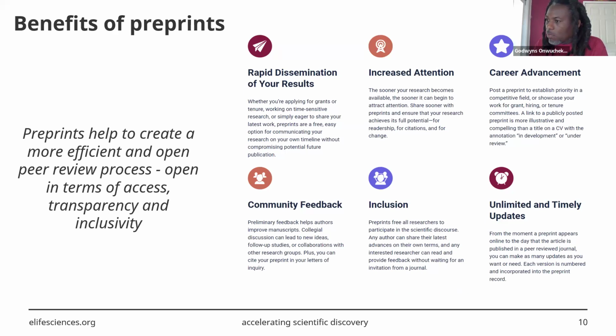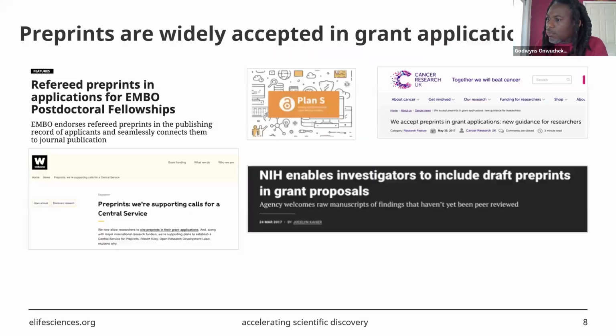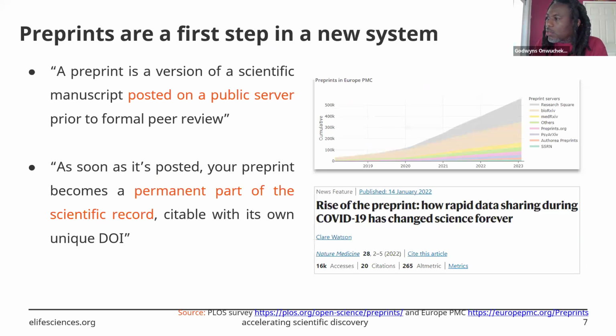I will go back to this slide and show you this graph, which I think comes from Europe PMC. It shows the rise of preprints. You can see in 2019 how few preprints there were, and compare that to 2023.